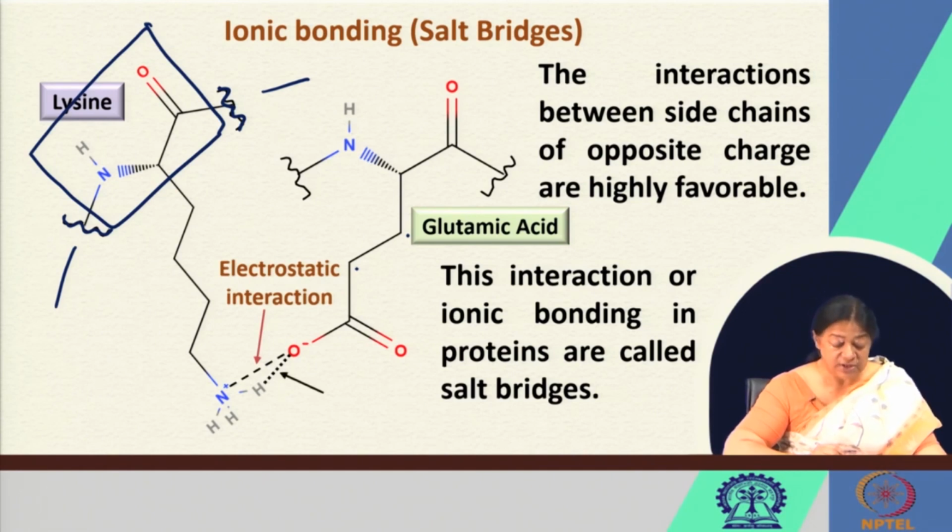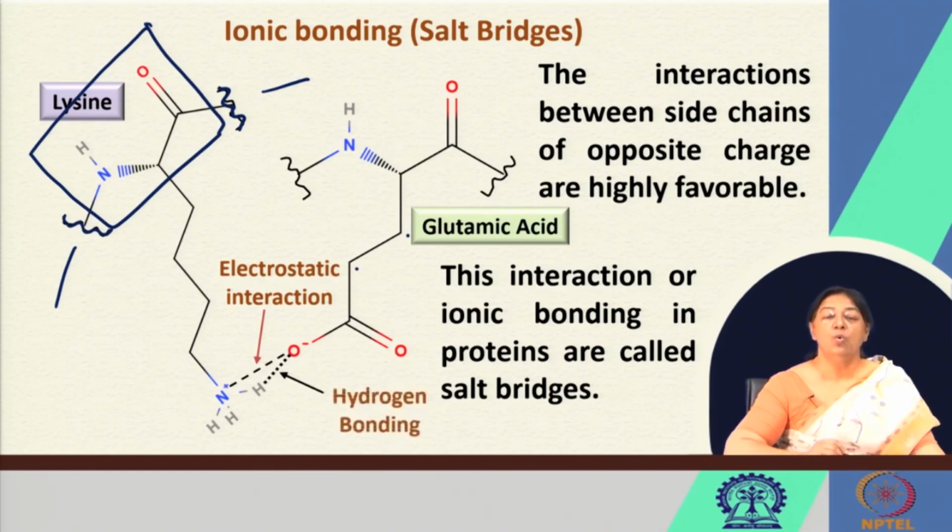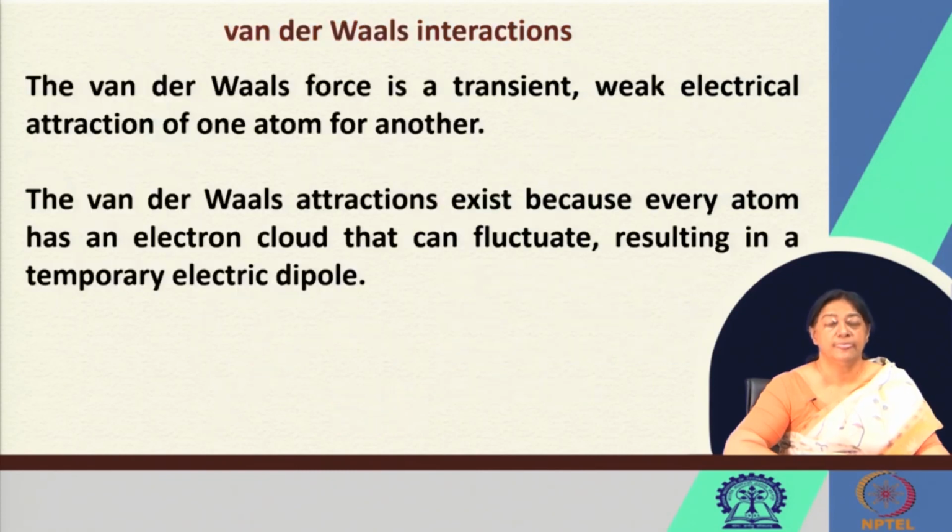In addition to that, we can also have hydrogen bonding possibilities. So, this is a mode by which we can have a strong interaction, and this helps in the stability of the protein in its overall native conformation.